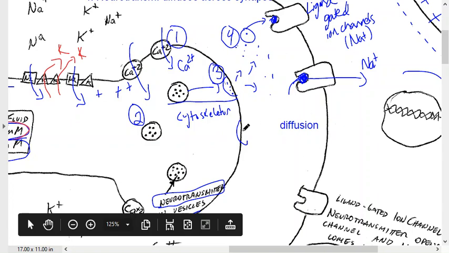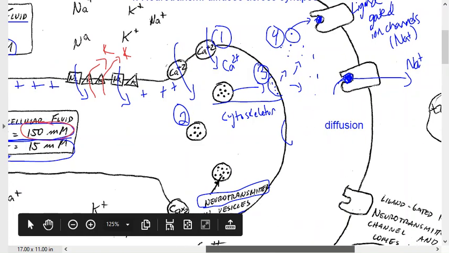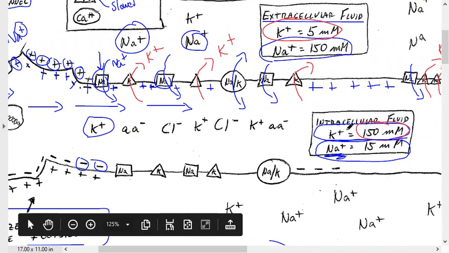And this is where a lot of prescription medications that affect the brain, like SSRIs and stuff, affect neurotransmitters in the synapse, right? But the actual impulse itself, once that impulse starts, you cannot stop it. It goes to completion, and then the cell resets quite quickly.